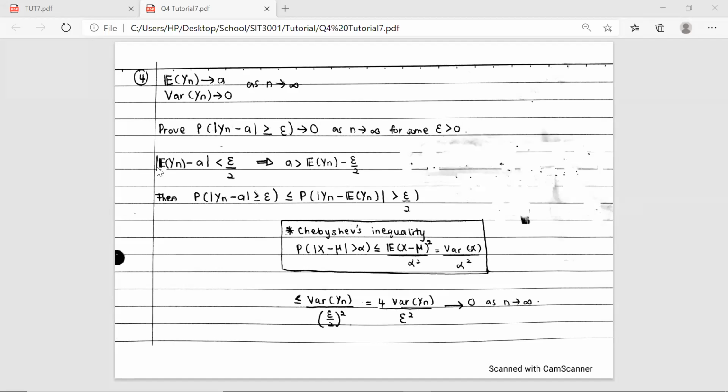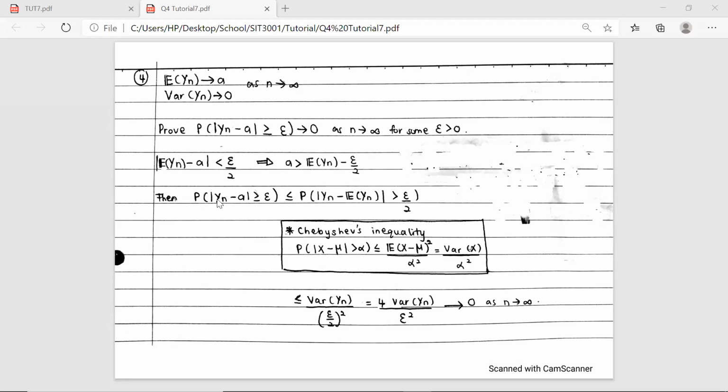So I let the absolute value of expectation of yn minus a be less than epsilon over 2. Since epsilon is more than 0, when we rearrange this, we get a is more than expectation of yn minus epsilon over 2.